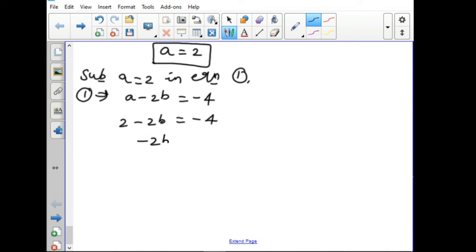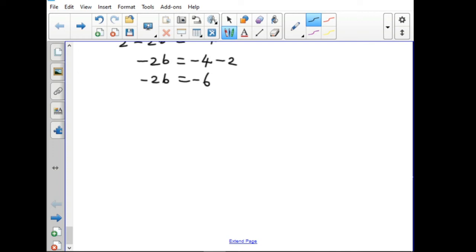This 2 has to be brought to this side, means minus 2. So minus 2b equal to minus 6. Both sides are negative, so 2b equal to 6, b equal to 6 by 2. So b equal to 3. We have got the value of b also, 3.